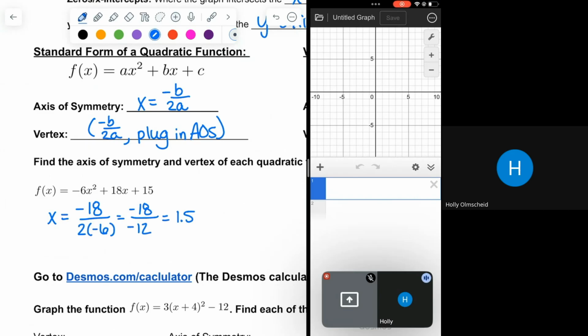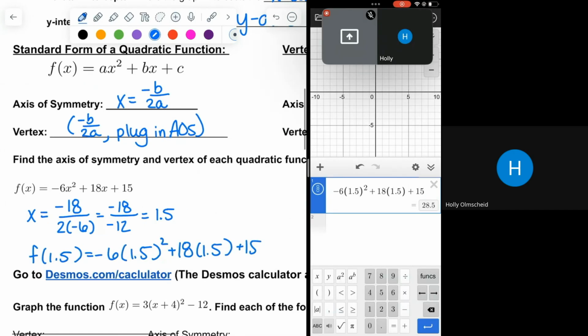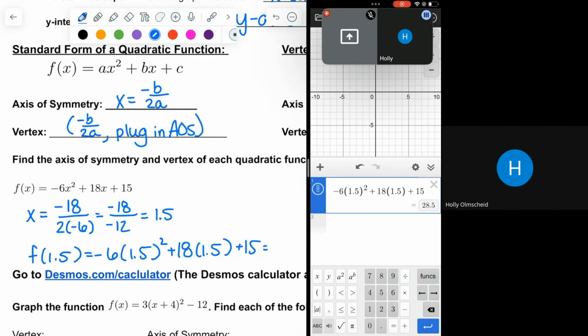And now I can go ahead and plug 1.5 into our function and figure out the rest of our vertex. Once we plug that in, we get out 28.5. So our vertex is the point (1.5, 28.5).